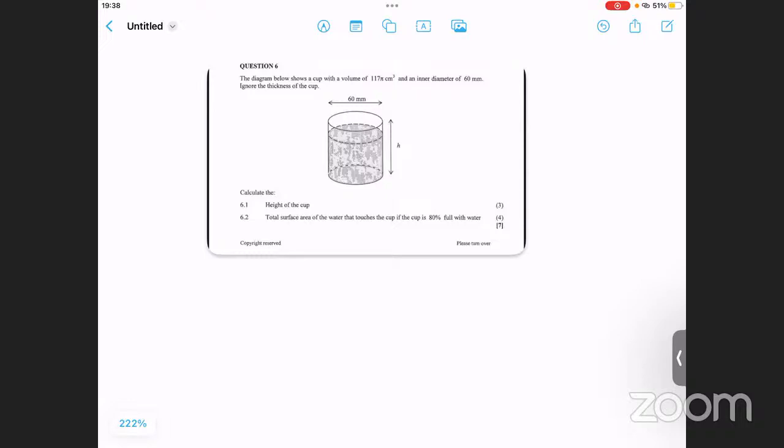We've got 2 questions there, where the first says, calculate the height of the cup. You are not given any formulas there, so it is expected of you to know the formula to calculate the volume.